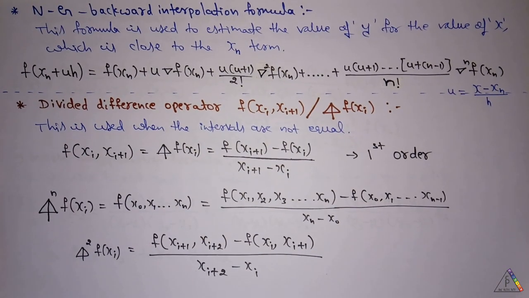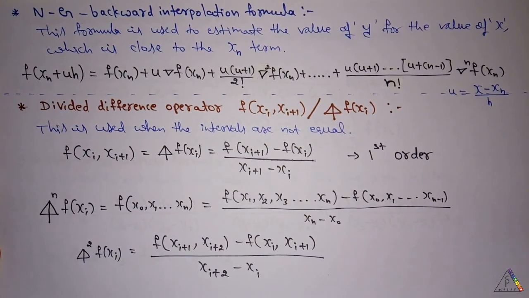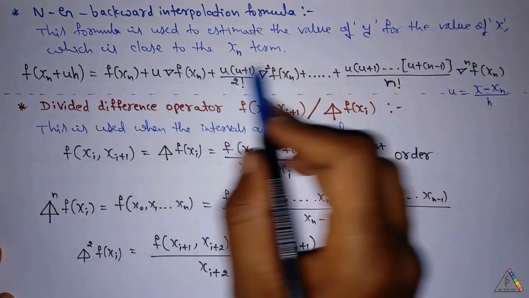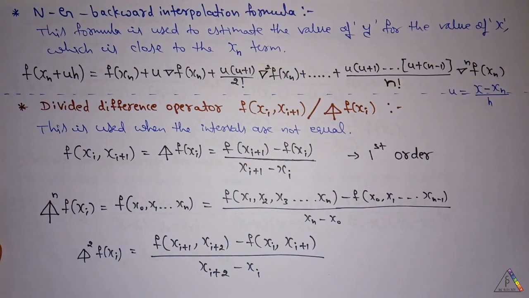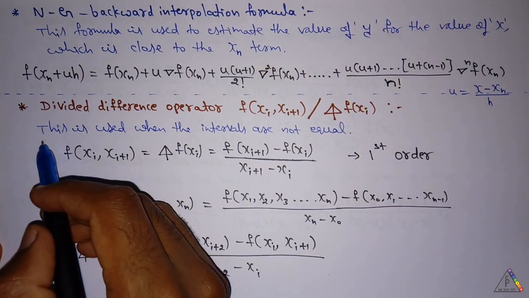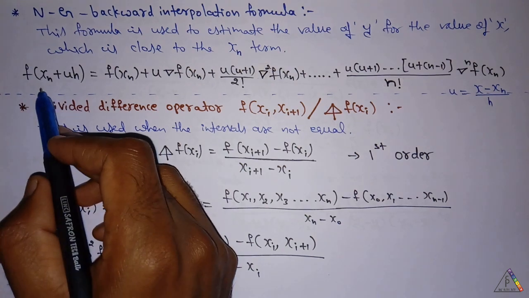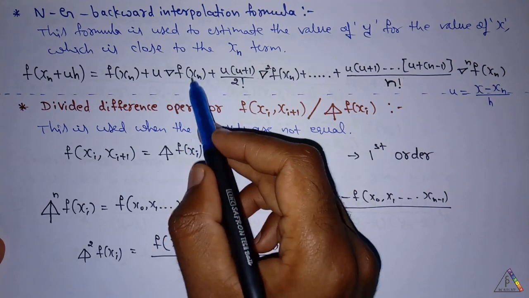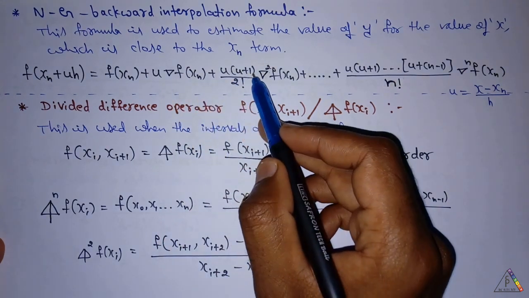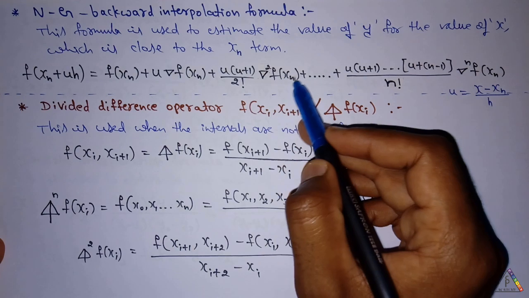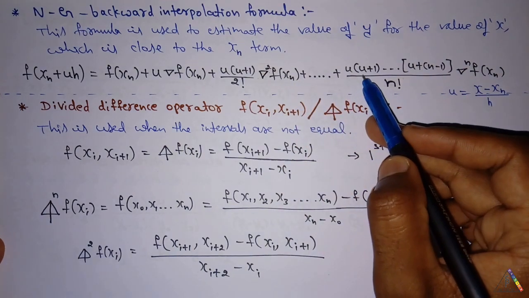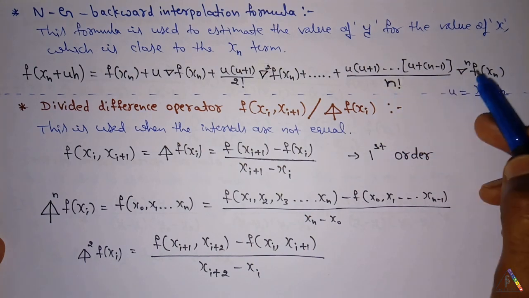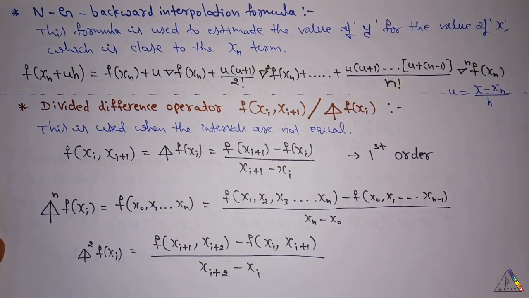Similarly, the Newton-Gregory backward interpolation formula is used to estimate the value of y for the value of x which is close to the last term, and the formula is given by f of (xn plus uh) equals f of xn plus u into nabla of f of xn plus u into (u plus 1) divided by 2 factorial nabla square of f of xn plus so on up to u into (u plus 1) so on up to (u plus n minus 1) divided by n factorial nabla to the power of n f of xn.